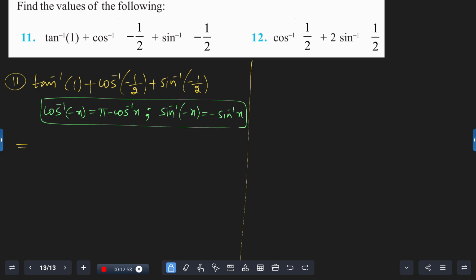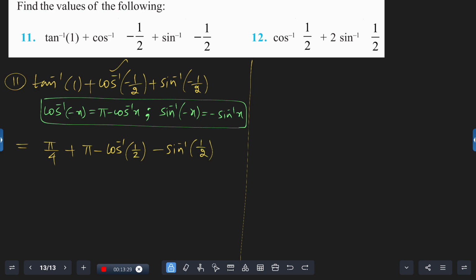Where will you get tan inverse of 1? Pi by 4. And this one: pi minus cos inverse 1 by 2, using the formula for the negative inside. Don't say multiply, it's not a multiplication. And what about here? Minus sin inverse x, for the negative: minus sin inverse of 1 by 2.